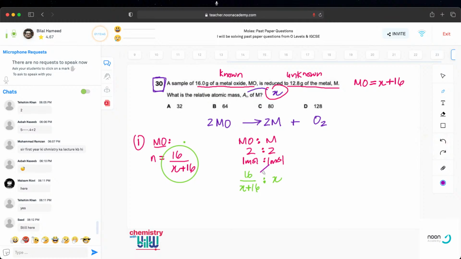Not x, I can use x again, sorry. Another unknown, let's call it y now. So y कितना होगा? Meaning the moles of M will also be the same.